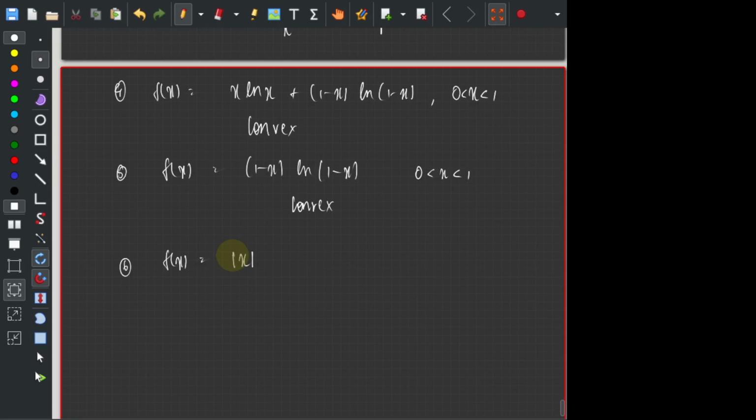It's convex. But how do you verify that this is convex? It's not, no, you can't differentiate it. The derivative does not exist at x equal to 0. So how do you prove that this is convex?